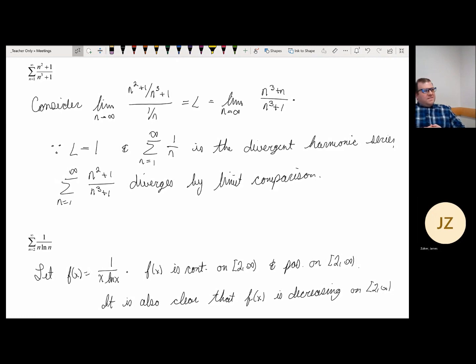It seems kind of annoying, but... Right, it's gonna be annoying to do. If you can actually show that, then yes, that'd be fine. I'm gonna tell you though, that's gonna take a lot longer in a test to show than just using limit comparison. But it is valid.